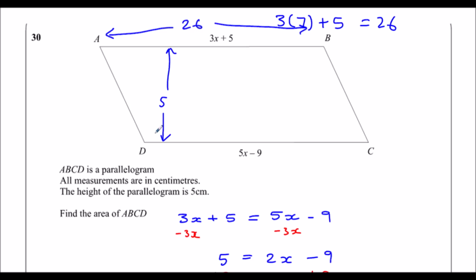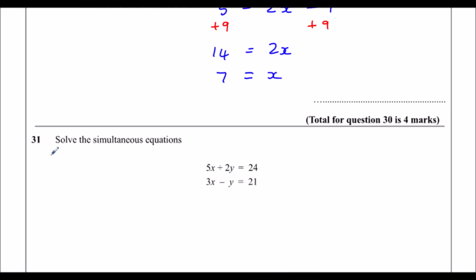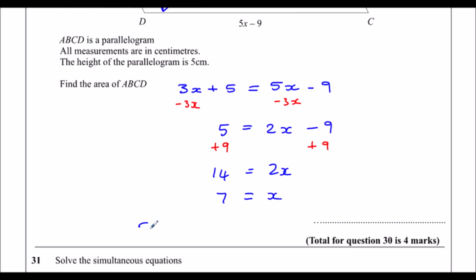So 26 times 5. 26 times 10 is 260, and half of that is 130. No units are here, so we need to write them on. And it was in centimeters, so the area is 130 centimeters squared.